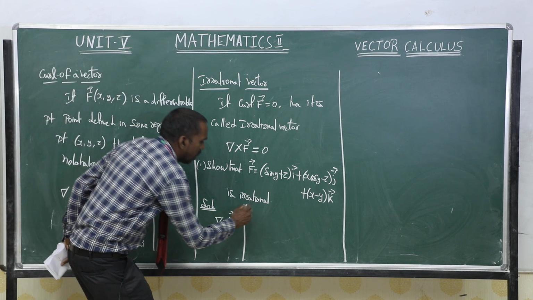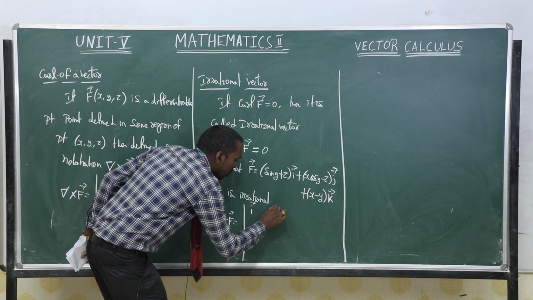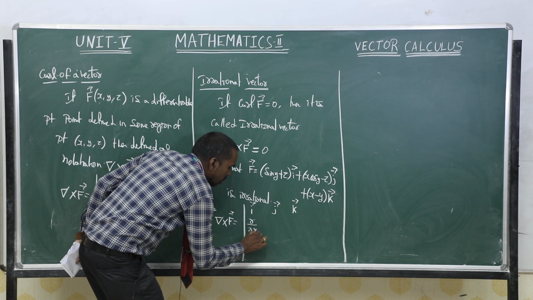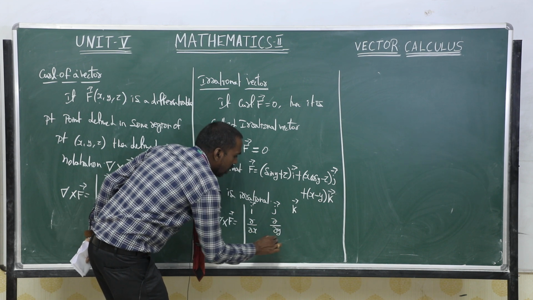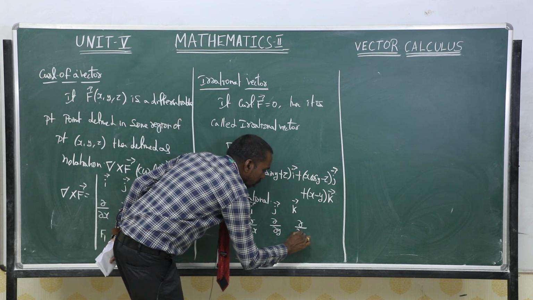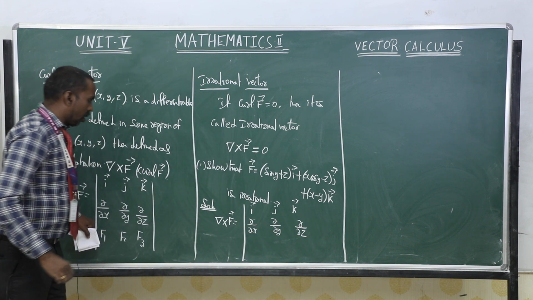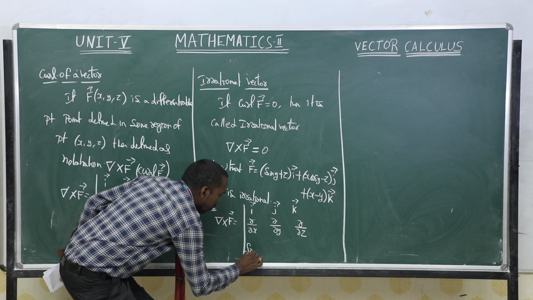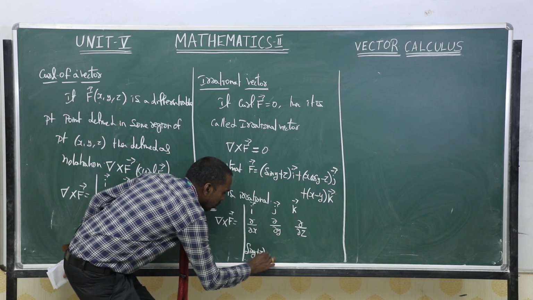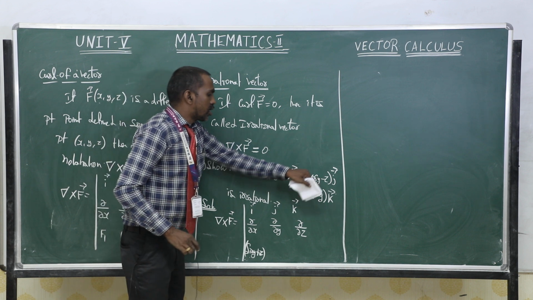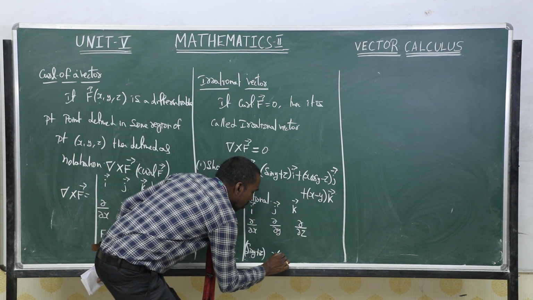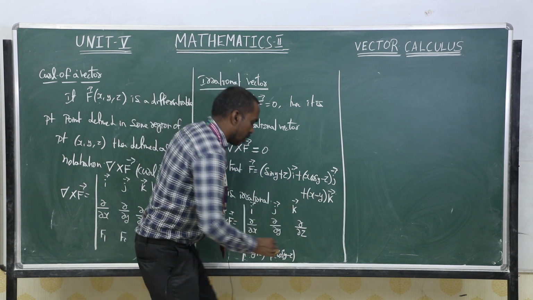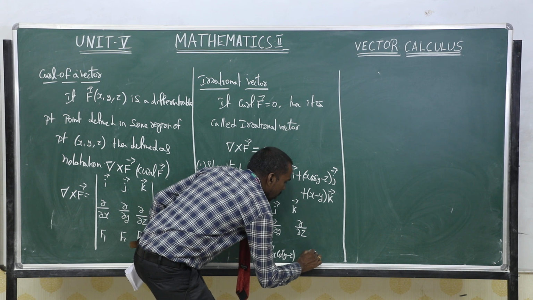F1 is the coefficient of i, which is sin y plus z. F2 is x cos y minus z. And F3 is x minus y.